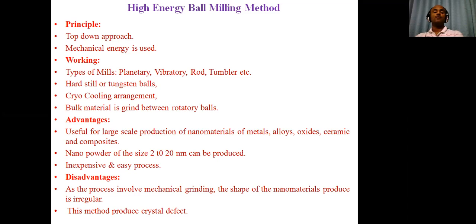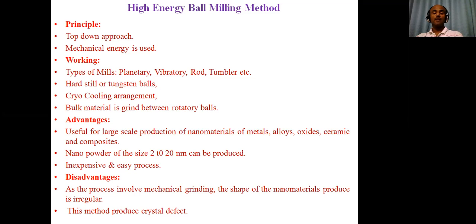Also, due to the mechanical energy, that means due to the friction between these hard steel balls, there is an increase in temperature inside the reactor. Hence, it is always necessary to have some cryo cooling arrangement to maintain the temperature inside the reactor. And the basic part is that the bulk material is ground between the rotatory balls.